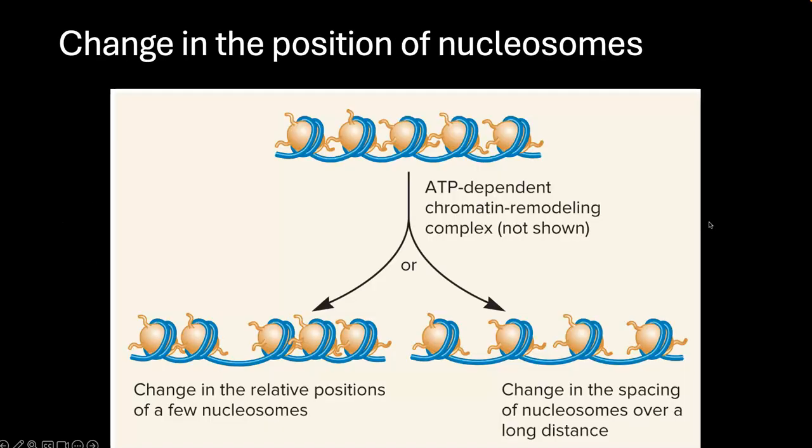The first is change in nucleosome position. In the most basic sense, this action changes the relative positions of nucleosomes to each other. This can be through a variety of actions, which we will touch on in a moment, but suffice to say, this process can cause the nucleosomes to become more spaced out and therefore more open to transcription.